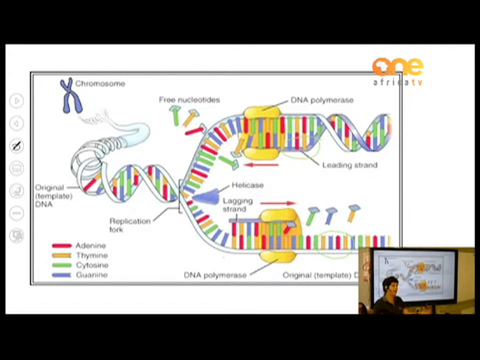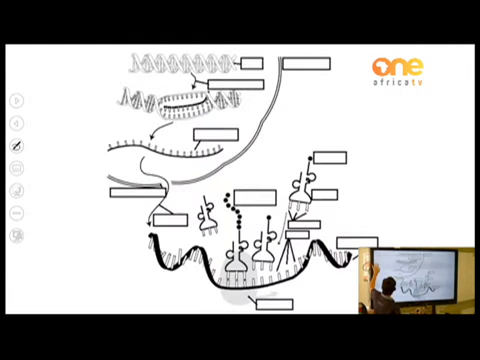Because I always have my true old template, and the nucleotides that are attaching have the correct sequence. Why is sequence important? Because the sequence of nucleotides eventually determines the sequence for my protein synthesis.